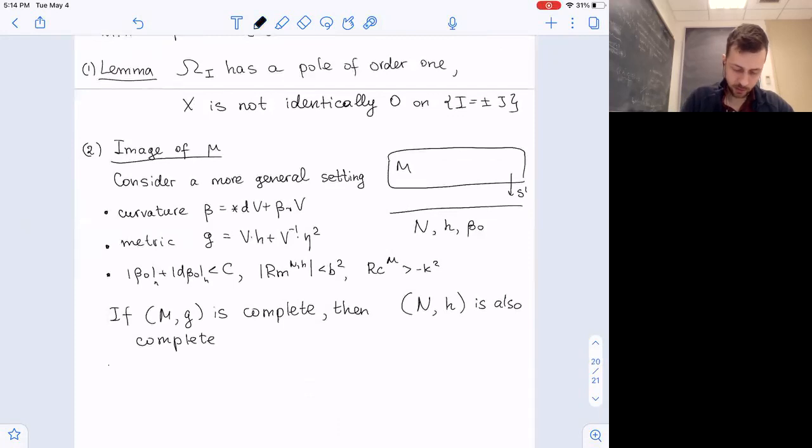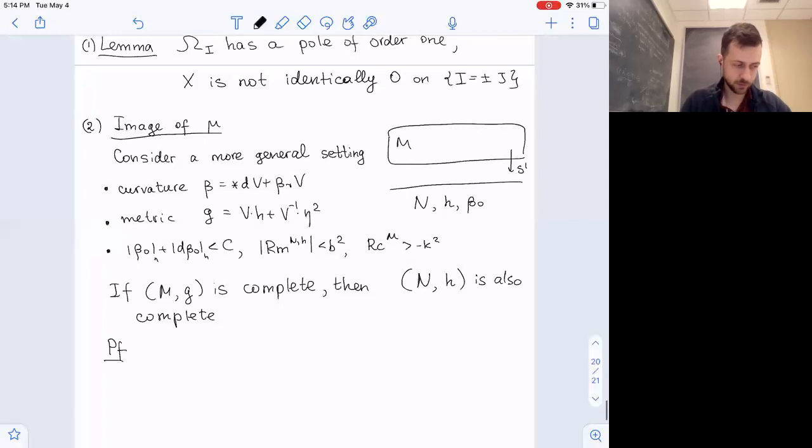So let me talk a bit about the proof. The proof is a bit technical. Maybe kind of obvious remark that M with metric G is complete, then due to the special form of the metric, the metric looks like this, and with respect to metric VH is complete.